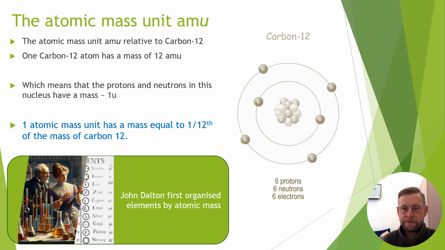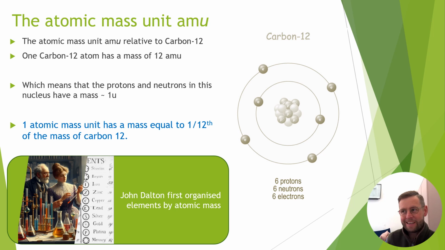So, if one carbon-12 has an atomic mass of 12, then what we know is that the individual protons and neutrons in a carbon-12 would have an atomic mass unit of 1. Now, that means that 1 is 1/12 of the mass of carbon-12.